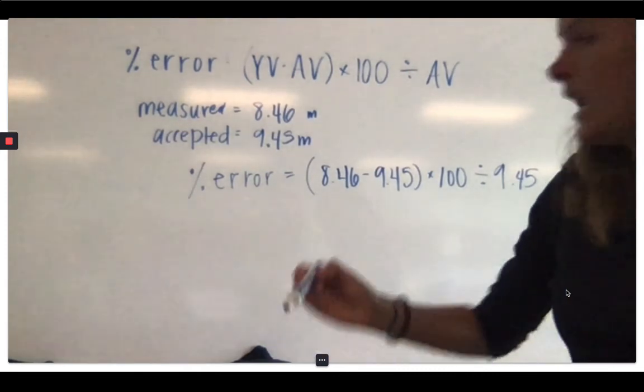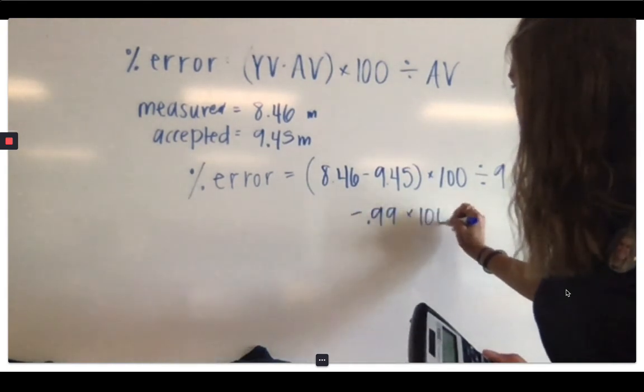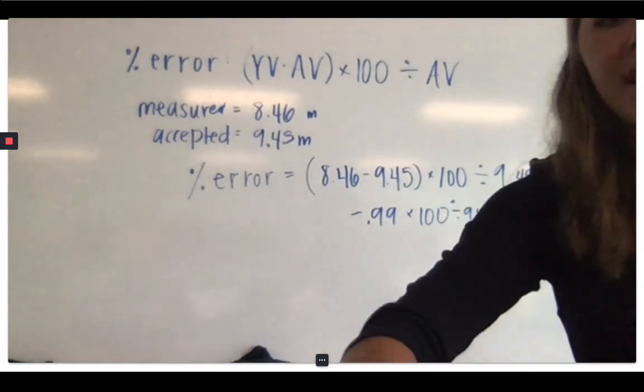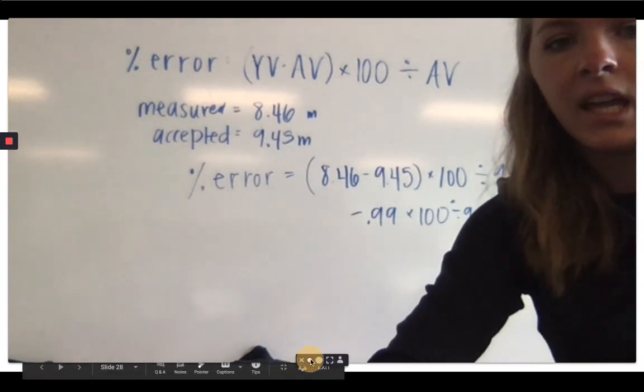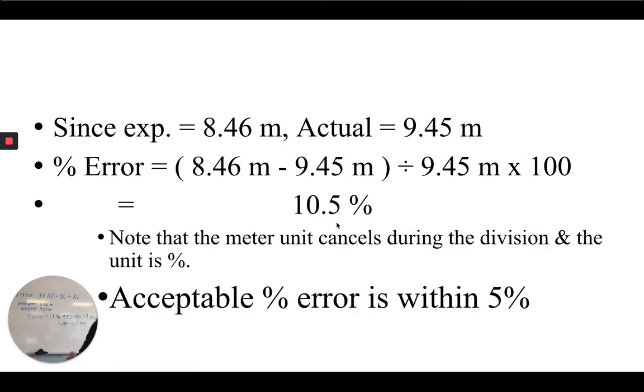We're going to get negative 0.99 times 100 divided by 9.45, to eventually get 10.5%. So 10.5% should be your answer, hopefully if you did that math correctly. Let me double check my math real quick.